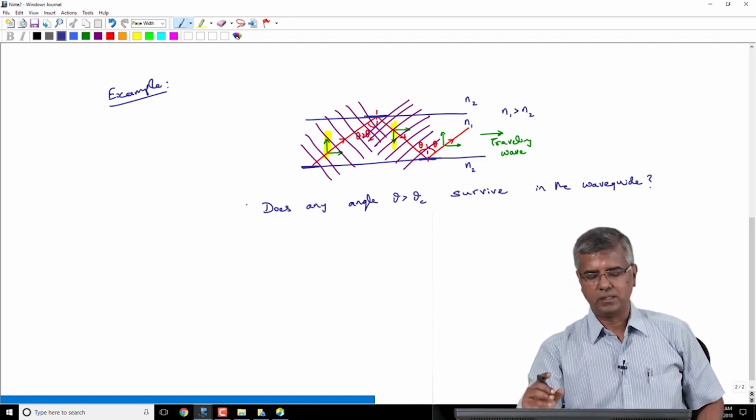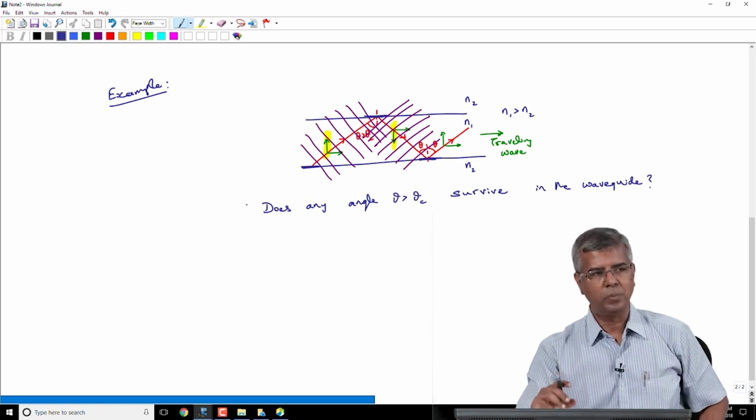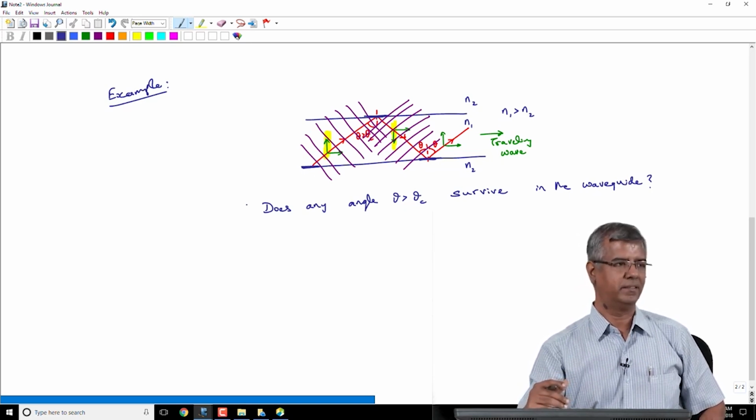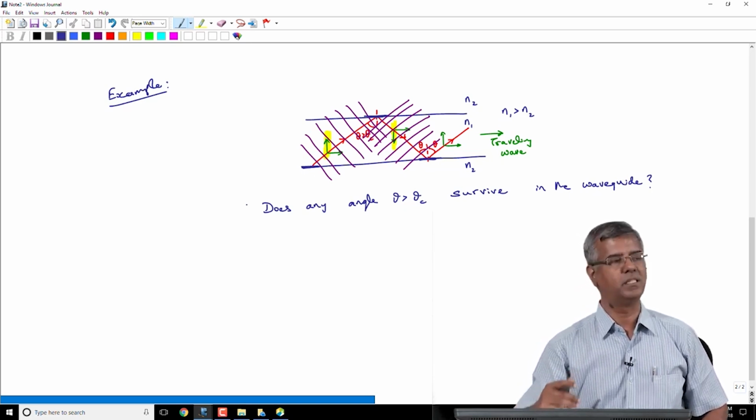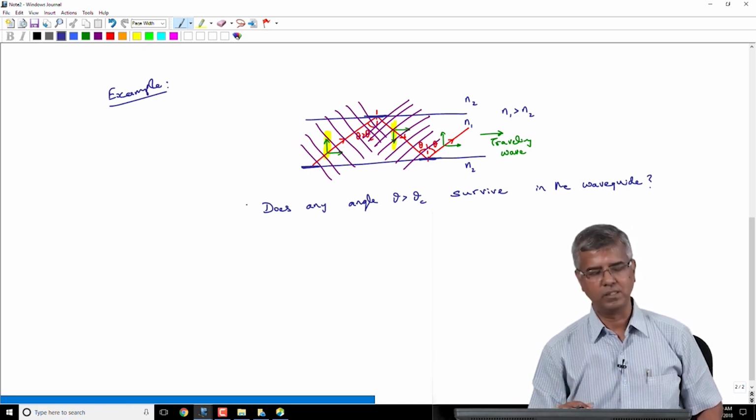In other words, the electromagnetic field configuration that I am satisfying in this structure is symmetric about the center, and it has got to be consistent on either of these boundaries.